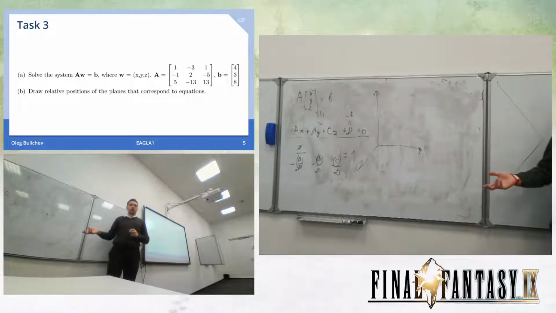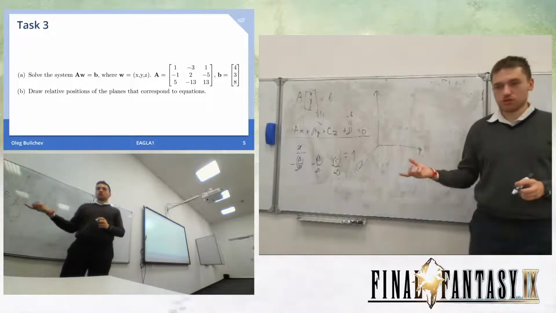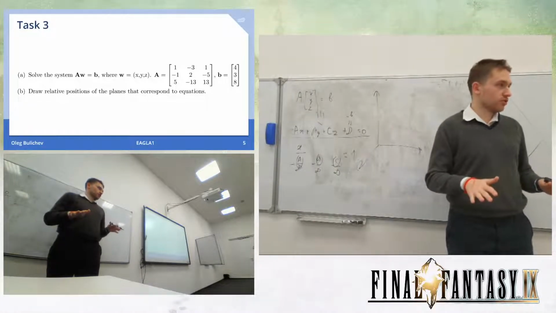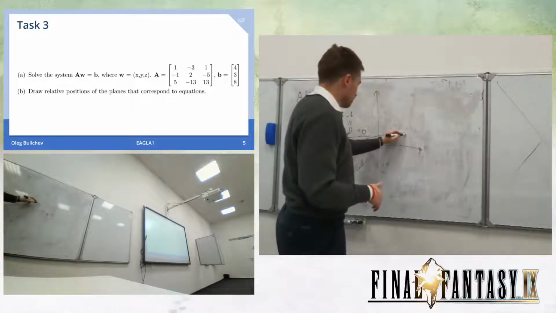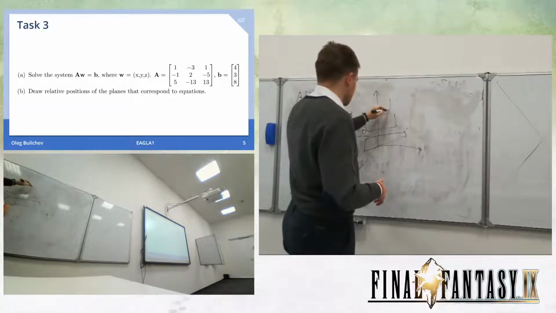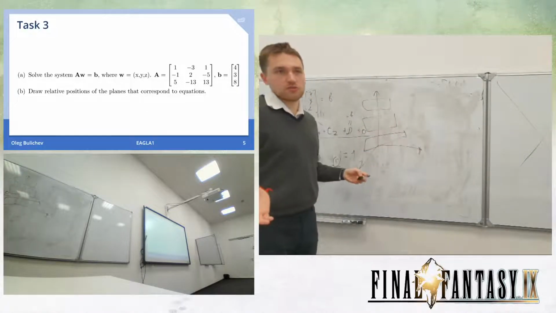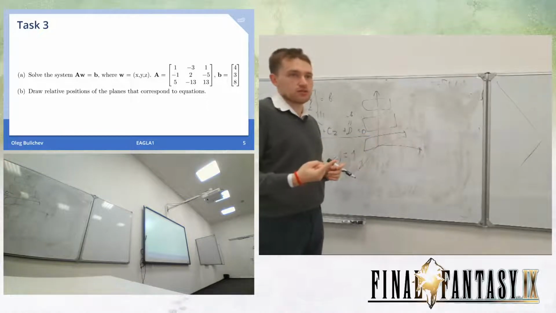And why I told you that it helps us to understand what's going on. Because, for instance, we don't have any solutions. It means that they are not intersecting between each other. And you draw it in some manner, it will be like this, for instance. They're not intersecting, so we don't have any solutions. If they intersect in a line, what will it be?